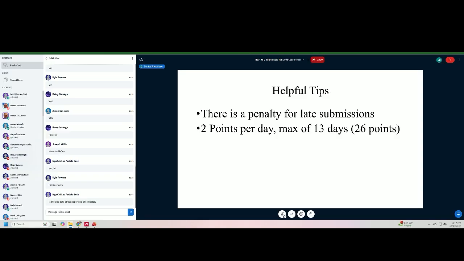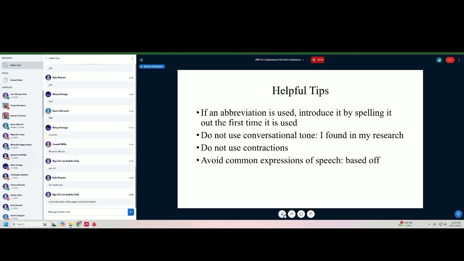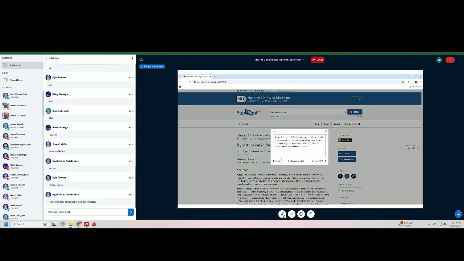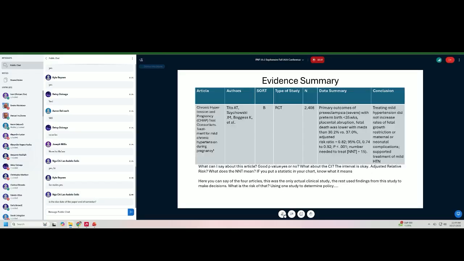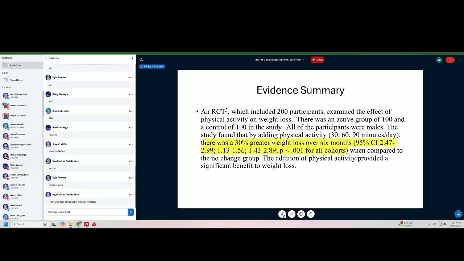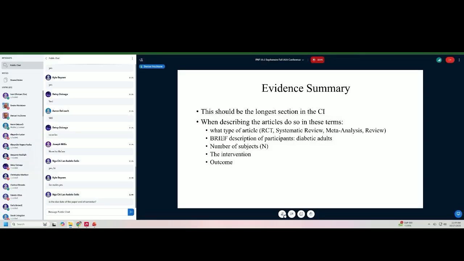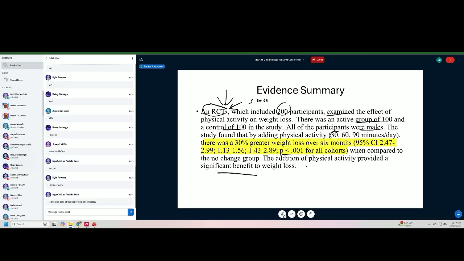There are a limited number of ways that you can say things like, let me pull this up, how many different ways can you say 95% CI? You can't.